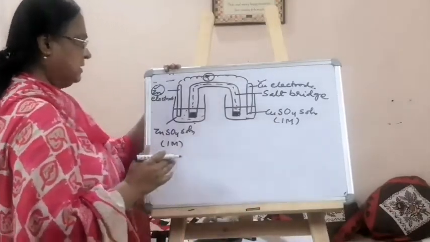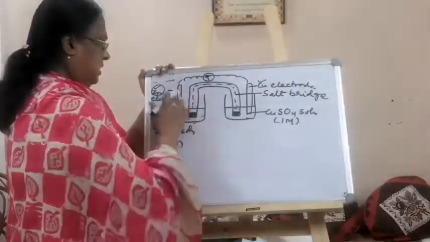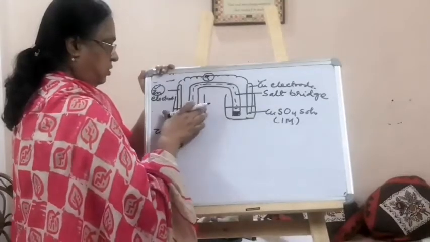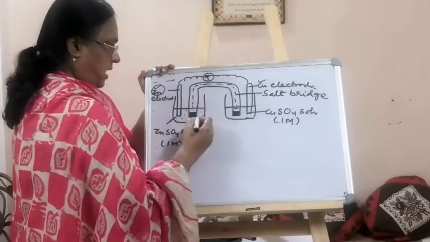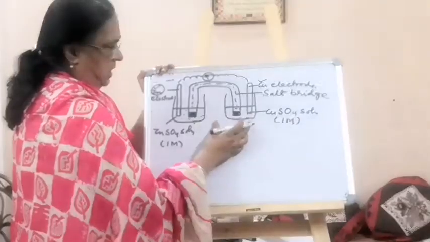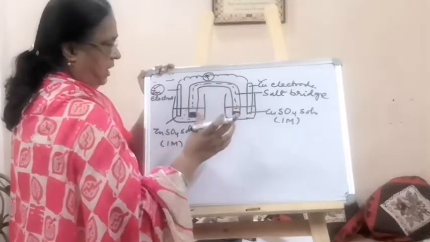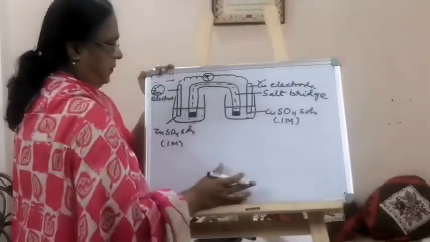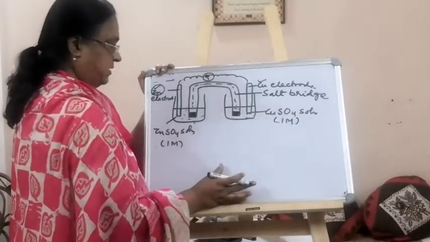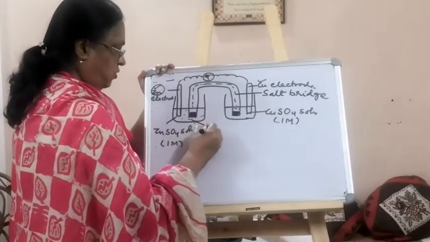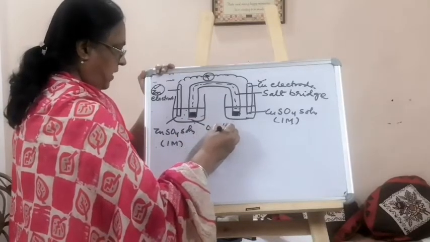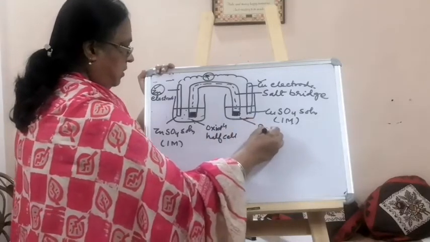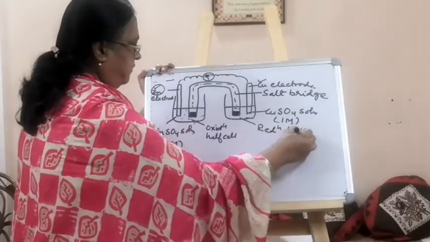Now in this case, just see this cell: this is one half cell and this is another half cell. These two half cells make one galvanic cell. So a galvanic cell is an electrochemical cell which consists of two half cells. One half cell is called the oxidation half cell and the other is called the reduction half cell.